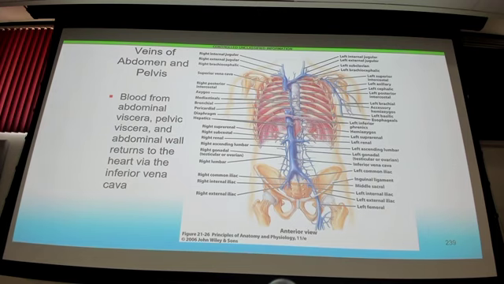So all the blood that comes to the abdominal wall, all the blood that comes to most of the viscera in the abdominal area, pelvic viscera, all goes back to the heart via the inferior vena cava, except blood that went to the GI tract. Because we know that that blood doesn't go directly into the inferior vena cava. So if it's the GI tract, that means that blood, for the most part, is going to the liver using the common hepatic portal vein.